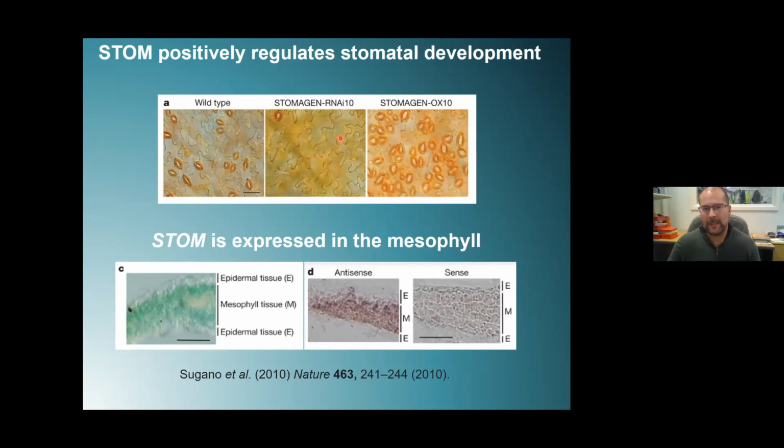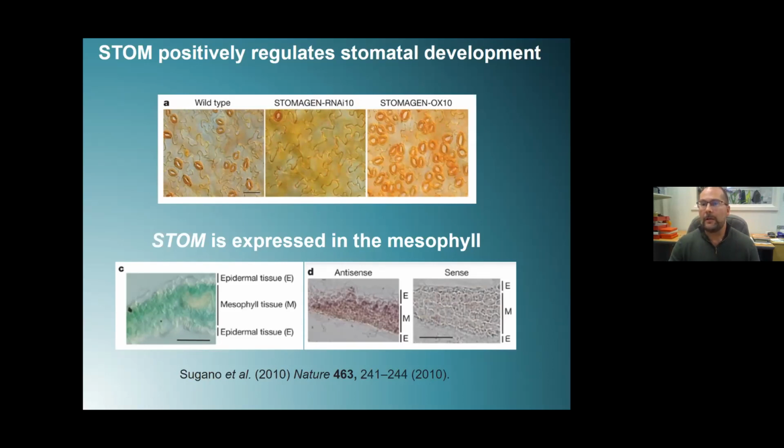We can see this here: in this stomagen RNAi line, you see a significant reduction in the number of stomata that form, whereas when you overexpress it, you get lots of stomata forming and this clustering phenotype, which often happens when you overexpress factors that positively regulate stomatal development.